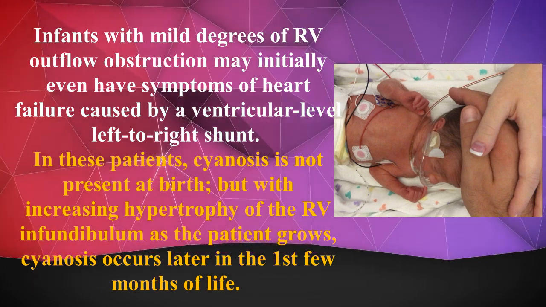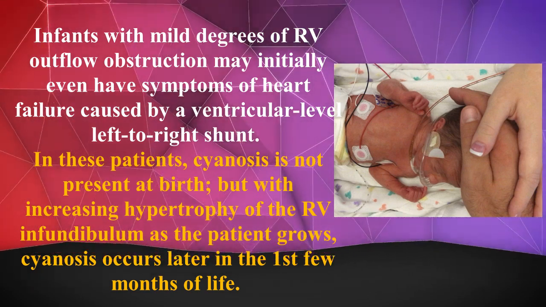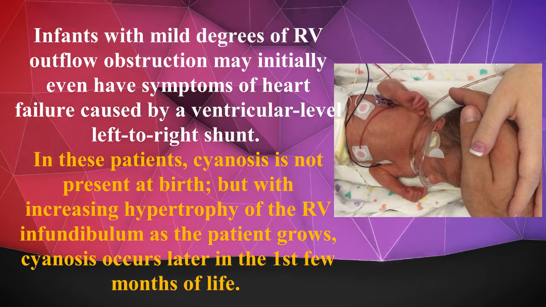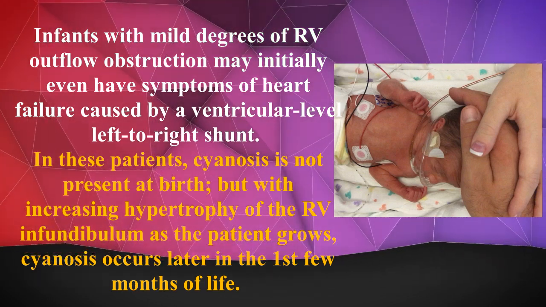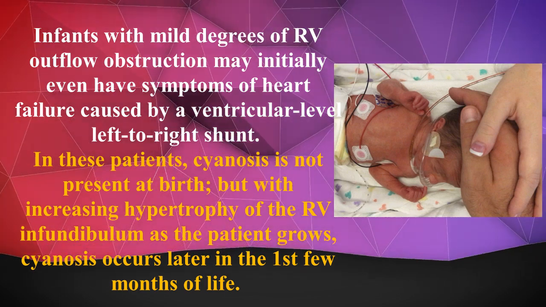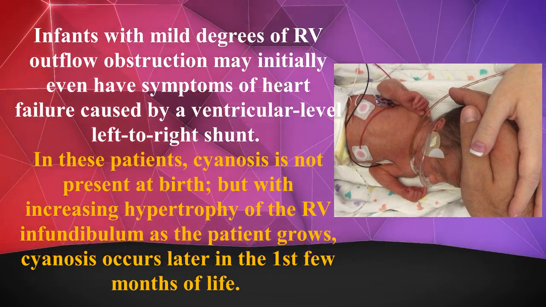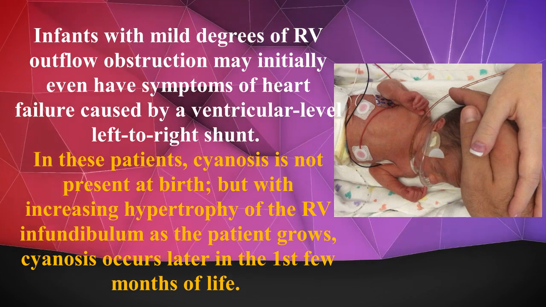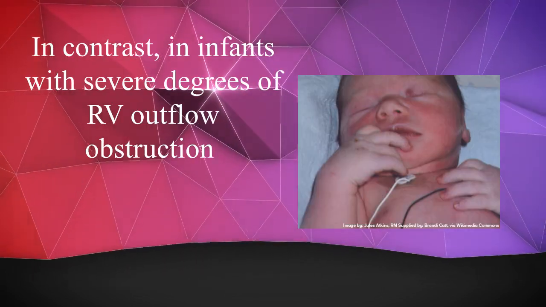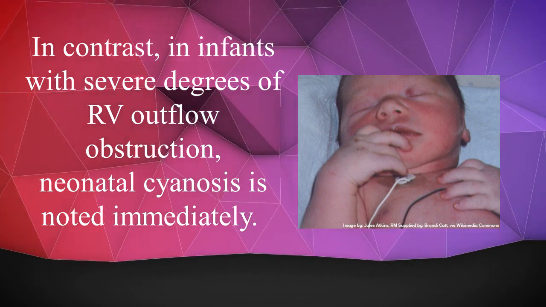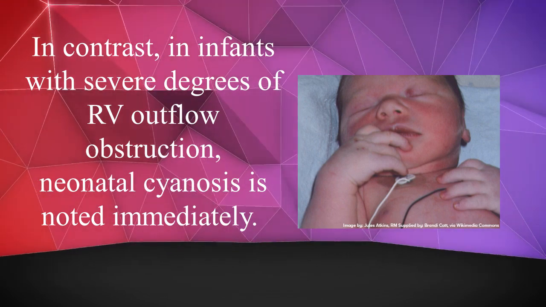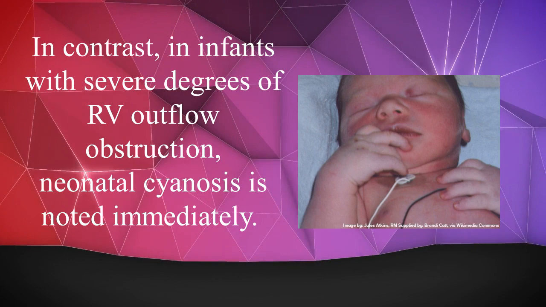In these patients, cyanosis is not present at birth, but with increasing hypertrophy of the RV infundibulum as the patient grows, cyanosis occurs later in the first few months of life. In contrast, in infants with severe degrees of right ventricular outflow obstruction, neonatal cyanosis is noted immediately.